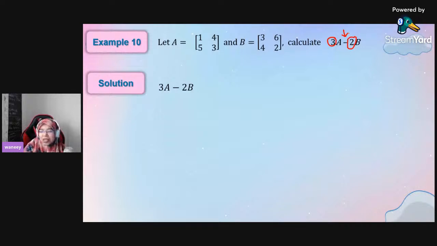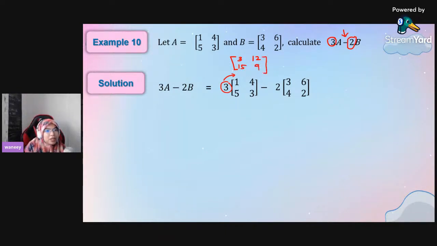Okay, so firstly, let us write down 3A minus 2B first. So 3 times A minus 2 times B. So what happens next is that we're going to times the constant inside of each of the entries. So kita akan darab setiap satu masuk dalam lah. Okay, so 3 times 1, so 3. 3 times 4, 12. 3 times 5, 15. 3 times 3, 9.